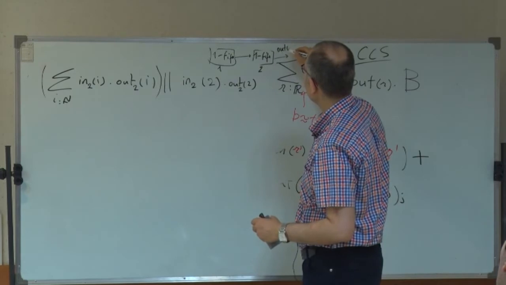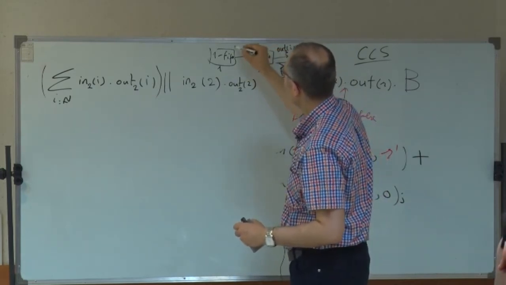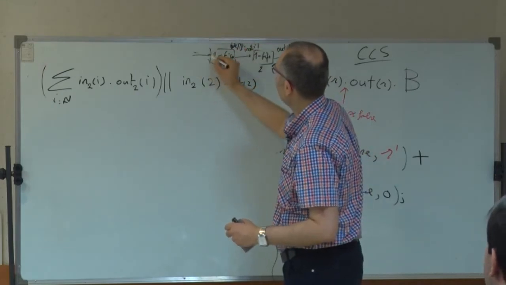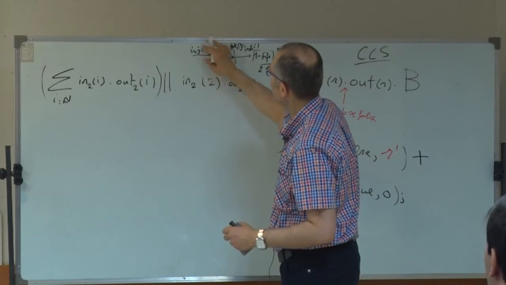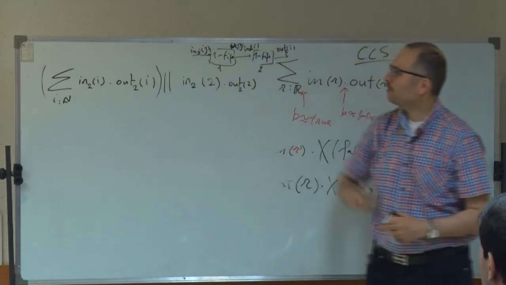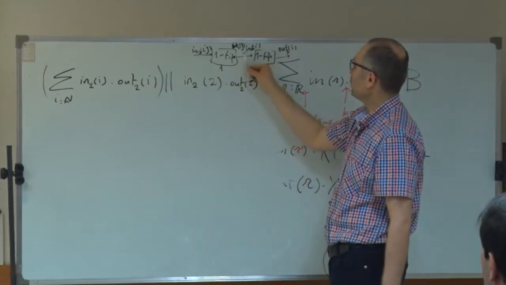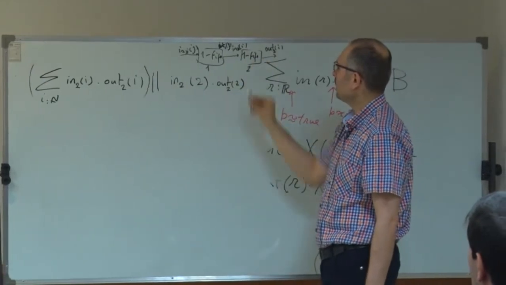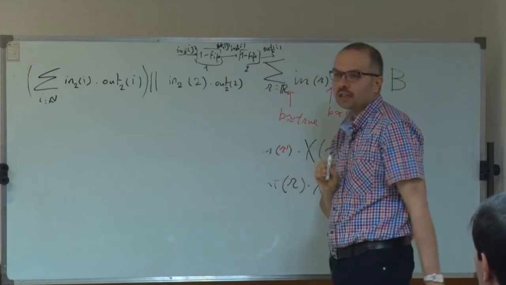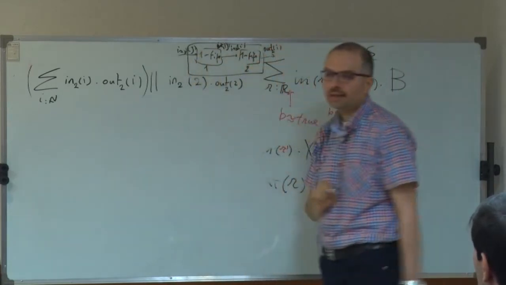This one has out 2 action, in 2 action I. This one has out 1 action, J, and in 1 action, J. So it can read from the environment with action in 1. It should write to the common channel with action out 1. This will read from the common channel with action in 2. And it will write to the environment with action out 2. So this is how the whole behavior should look like. I should draw my box like that.